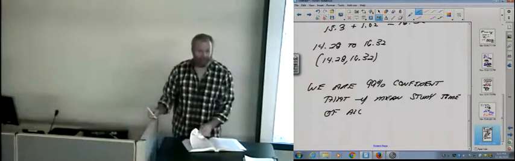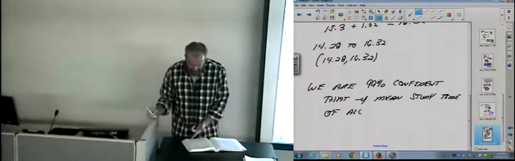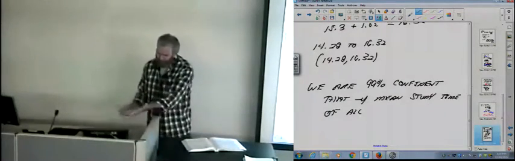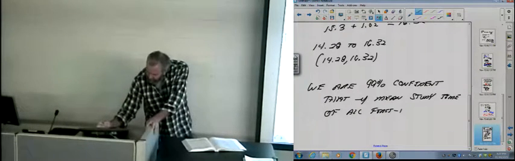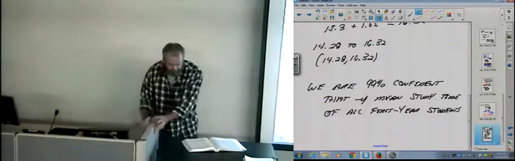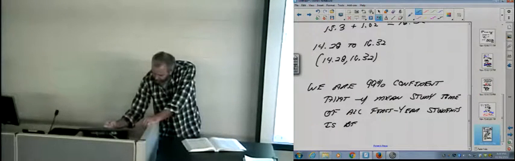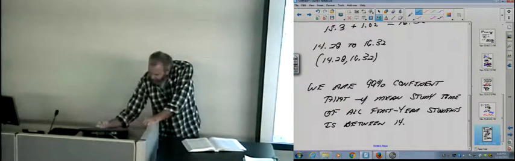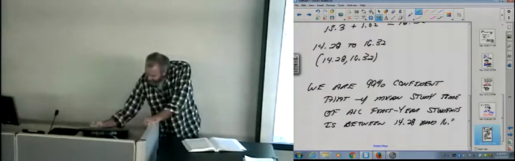I'm looking at the question here, right? That's the reason I keep going back to the book. What was I trying to estimate? Oh, I wanted the mean study time of all first-year students. Mu is the mean study time of all first-year students is between 14.28 and 16.32.